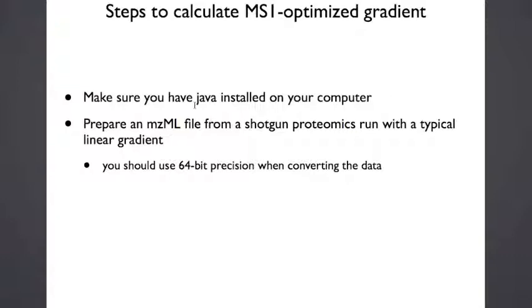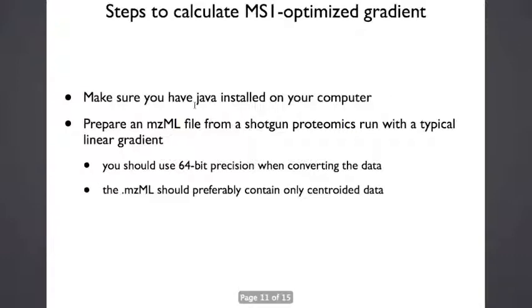This is important because we use a library that assumes that the data has 64-bit precision. And second, please make sure that you have centroided data in the mzML file. This is mostly because if you don't have centroided data, these files can get really big, 15, 20 gigabytes sometimes, and it will require a lot of memory. So the application will easily run out of memory unless you have a very powerful computer.